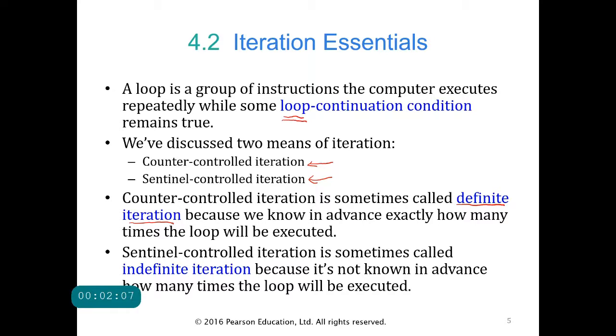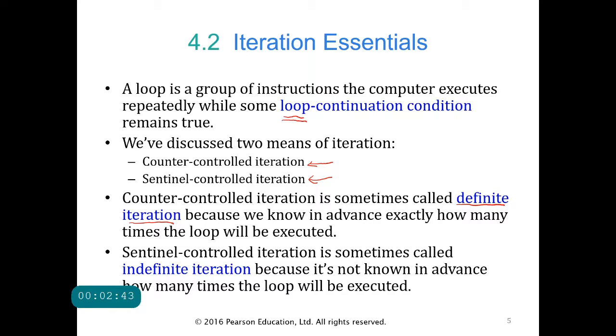Well, counter controlled iterations are generally employed when we know exactly how many number of repeats we will be doing in our program or in our loop. So when we know at the start of our program exactly how many repetitions we will have to do, then we generally employ loops which are based on the counter controlled or the definite iteration method.